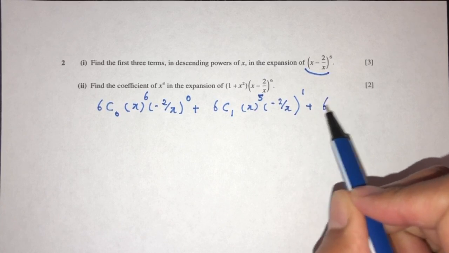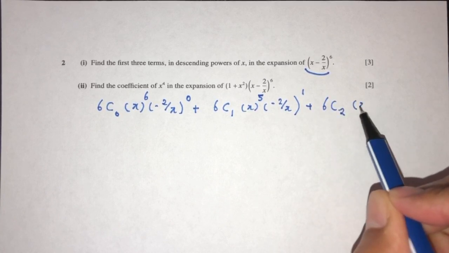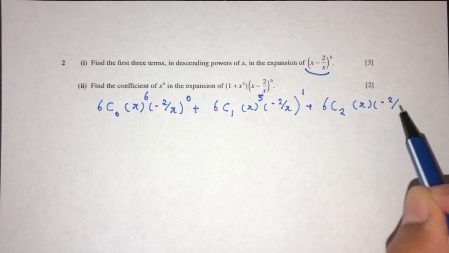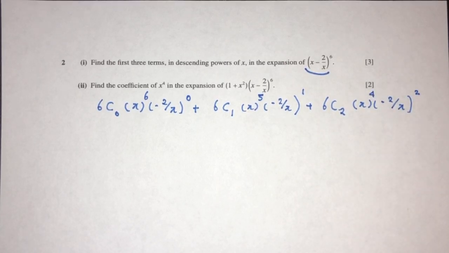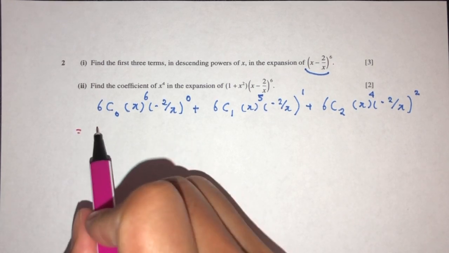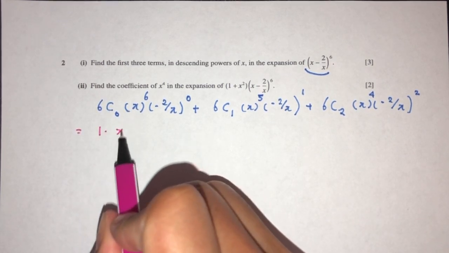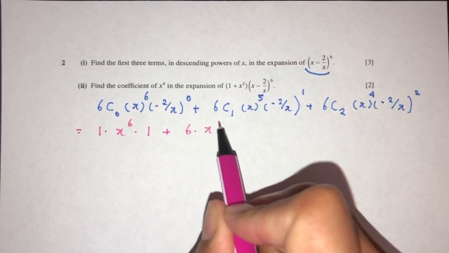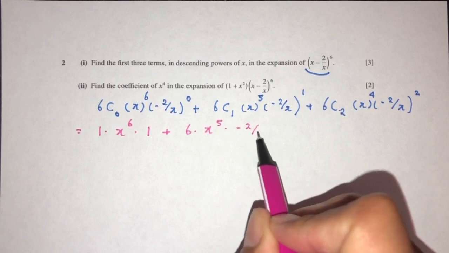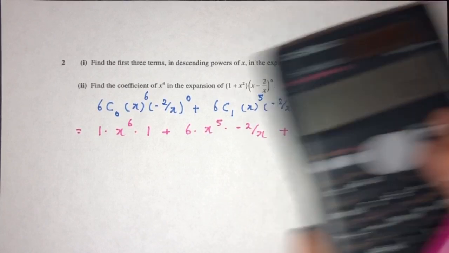And finally, 6 choose 2, x, minus 2 over x, that should be 2 here, and that should be 4 here. Now we just have to expand and simplify to see what happens. So here we have 6 choose 0 will be 1, that should be x to the 6, that should be 1, plus 6 times x to the 5 times minus 2 over x. What is 6 combination 2?